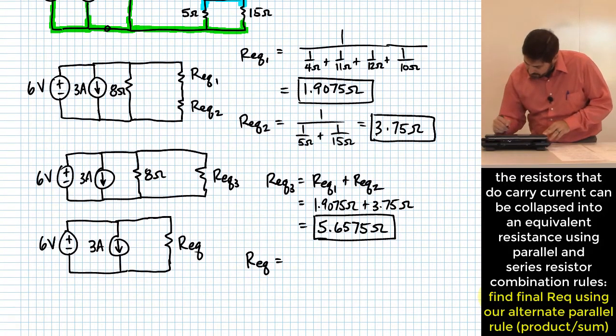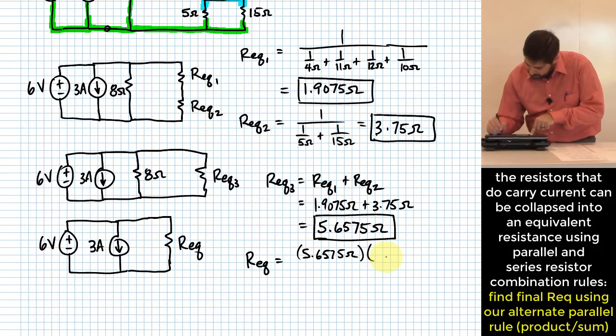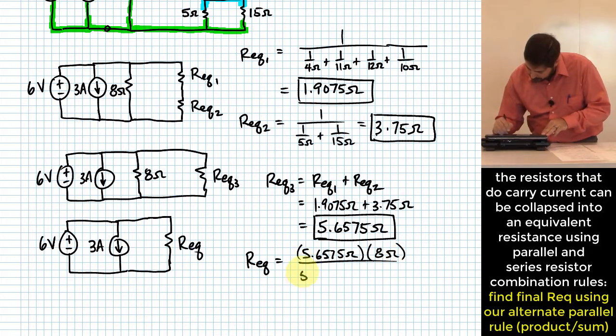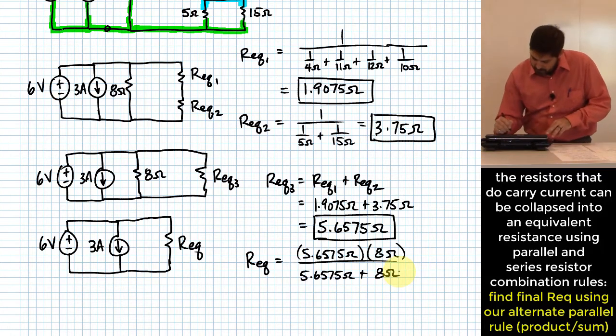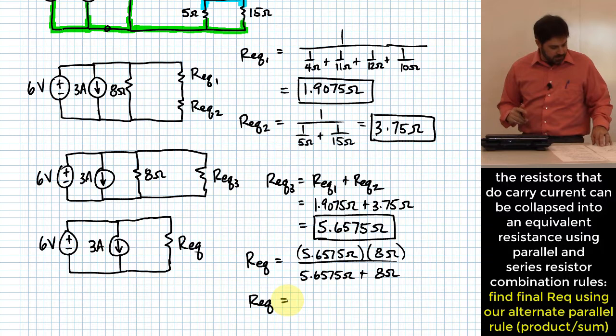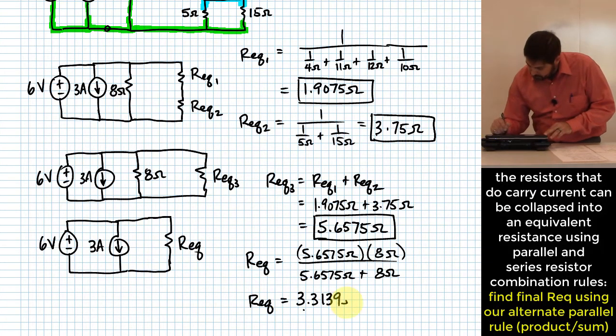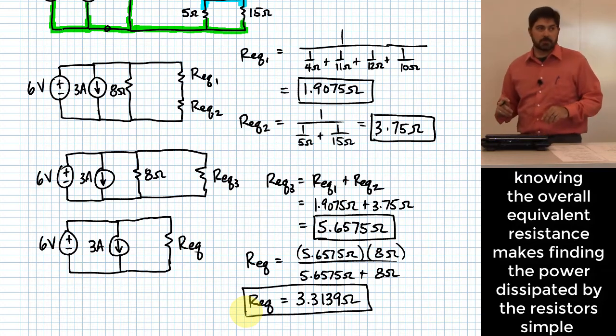So this is equal to 5.6575 ohms times 8 ohms over 5.6575 ohms plus 8 ohms. And what I got when I did that was 3.3139 ohms.